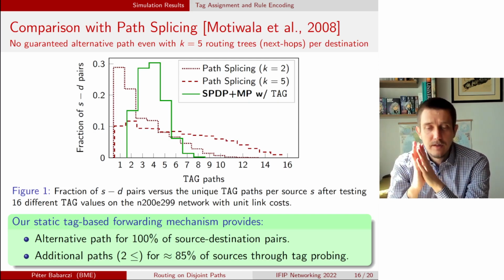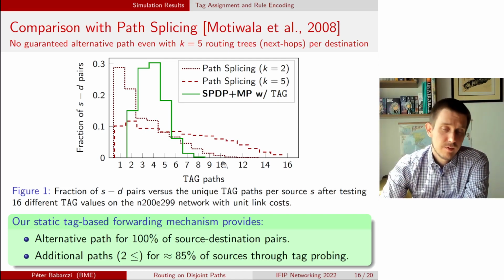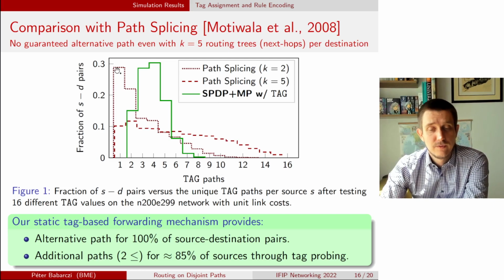Our implementation, compared to this method, is able to provide alternative paths to each source node, while with path splicing, as we can see from the figure, 10% and 30% of the node pairs do not have an option to avoid a faulty link or a congested link. So our solution provides 100% alternative paths for each node, and we also provide about 85% of the nodes 3, 4, or even multiple paths to choose from, if it's not a problem that this path length will be longer than the shortest pairs of disjoint paths.